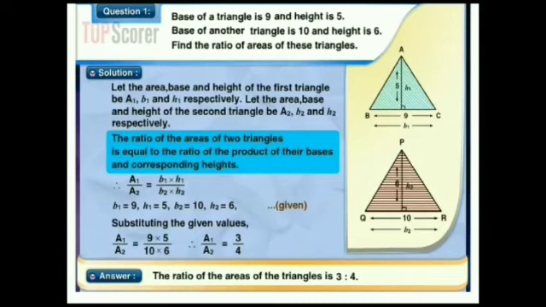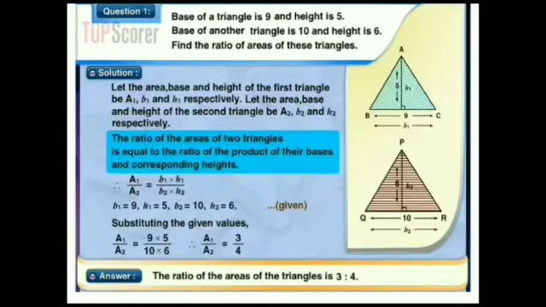Solution. Let the area, base and height of the first triangle be A1, B1 and H1 respectively. Let the area, base and height of the second triangle be A2, B2 and H2 respectively.